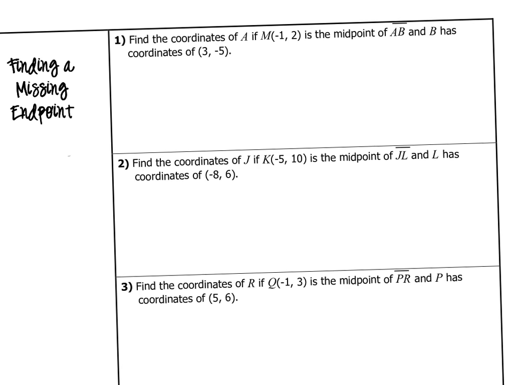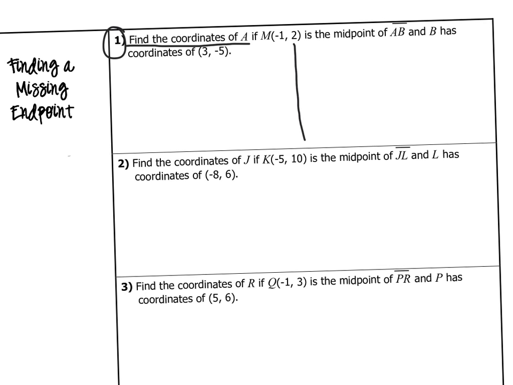So for number 1, in this example, we're going to find the coordinates of A if M, our midpoint, is negative 1 comma 2 of segment AB, and B has coordinates of 3 comma negative 5. So I'm looking for two values.